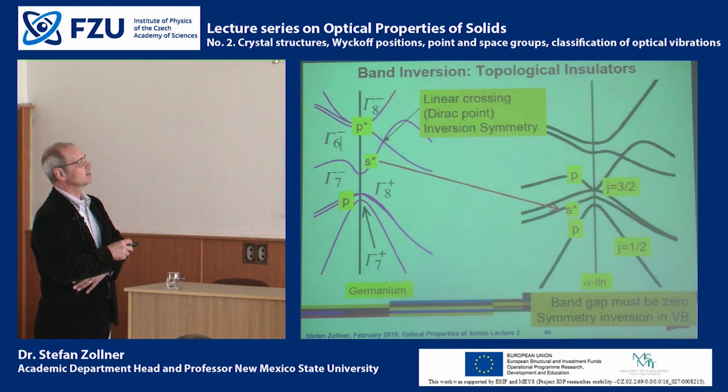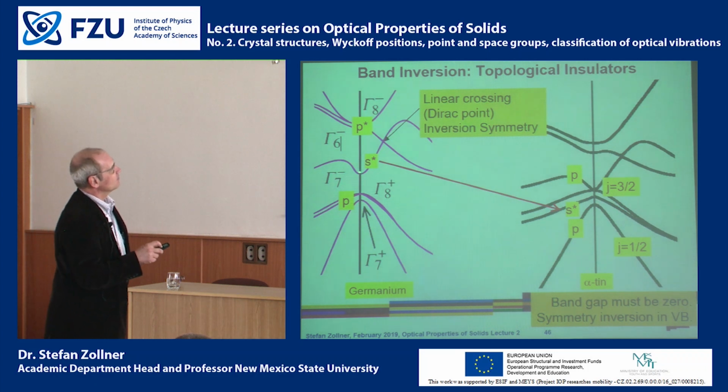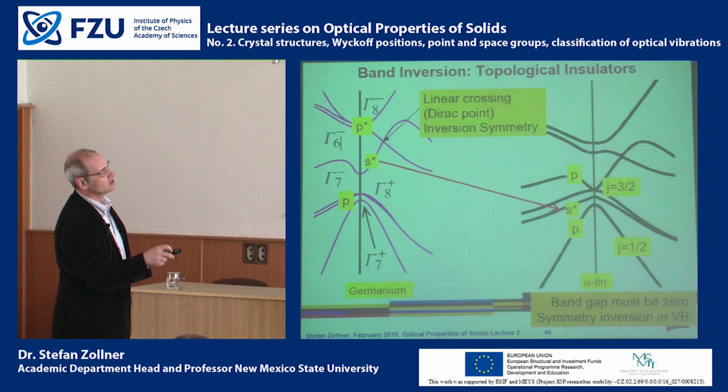This is an actual linear crossing, so there's a Dirac point there rather than an anti-crossing like we might have in other materials. The reason we have a crossing rather than an anti-crossing is because the two bands, the S and P antibonding bands, have different symmetries, and therefore they must cross and cannot be influenced by each other.